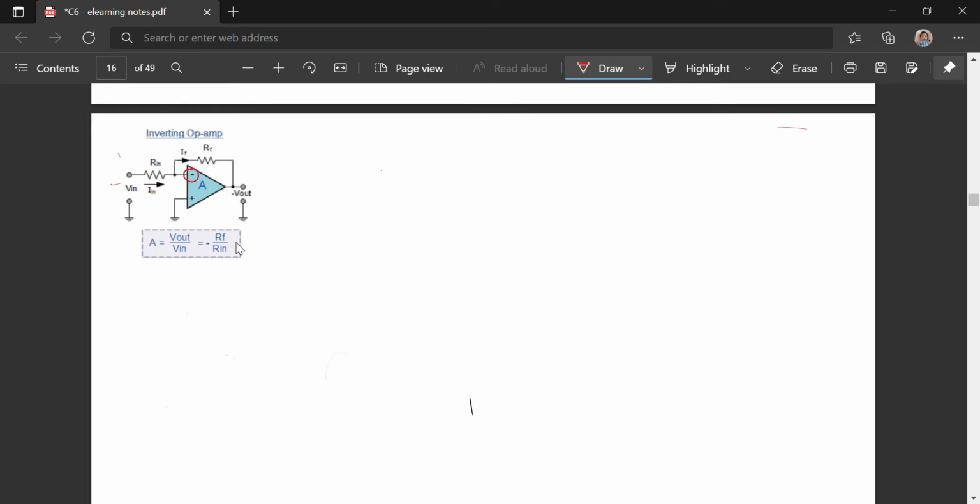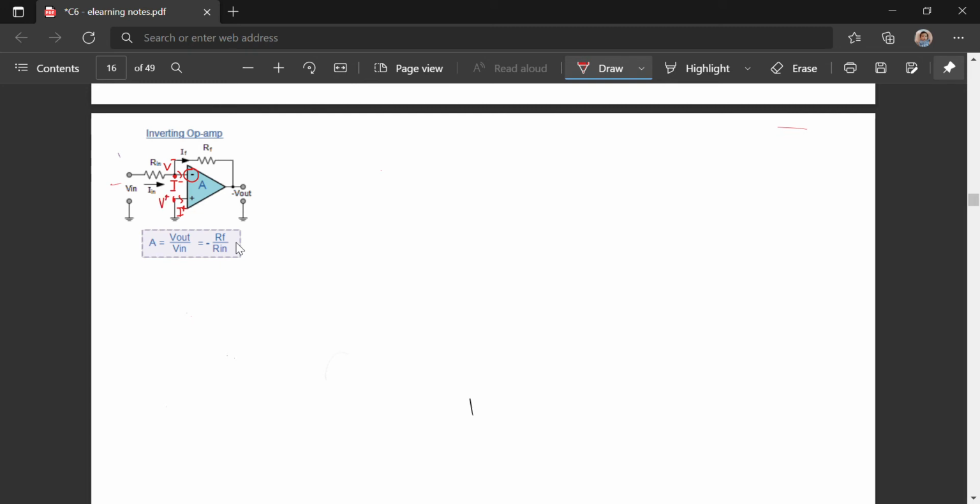So here is Iin, and then the current at RF is labeled as IF. And we also have I minus, the current that goes into the inverting input of the op-amp, and also I plus, the current that goes into the non-inverting input of the op-amp. Also, at the negative input we have V minus, and over here we have V plus.